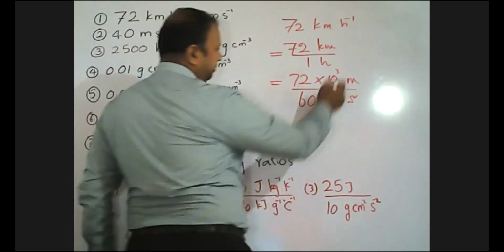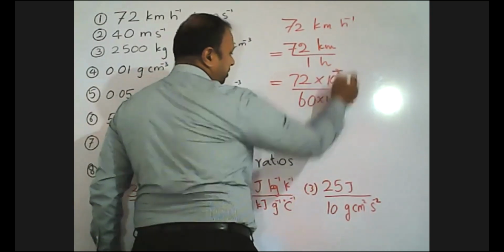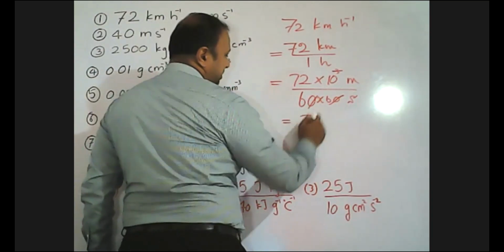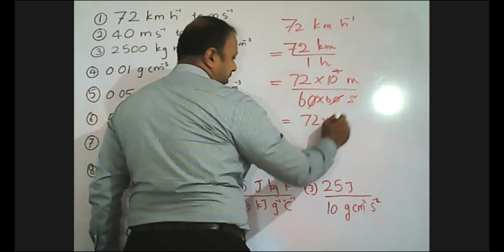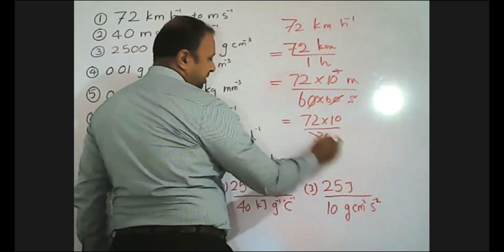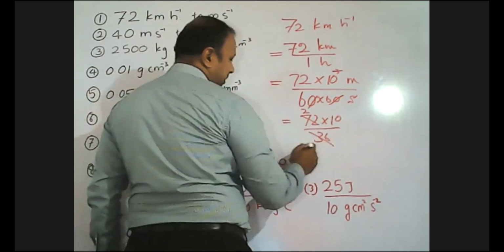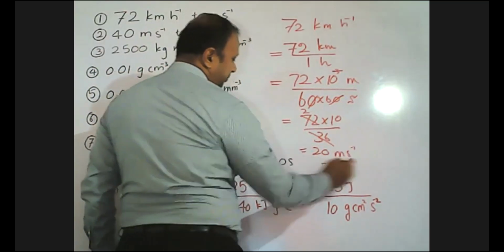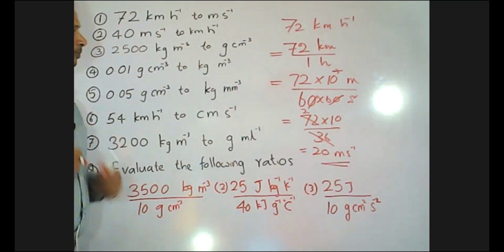Then 10 to the power 3, this will be cancelled out. Then 72 into 10 over 36. 36 into 2 is 72, so the answer is 20 m s minus 1.